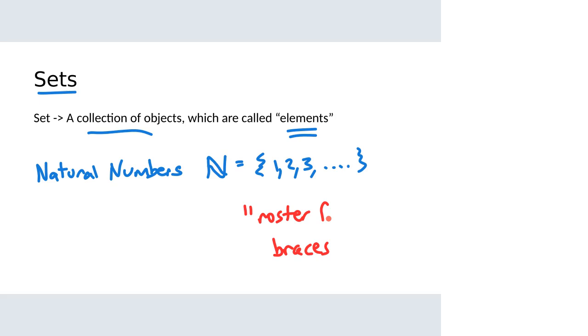All right, let's look at a couple other important sets for us. Another important set for us, in addition to the natural numbers, are the whole numbers. And we're going to use a boldface W. That's not the easiest thing in the world to do.